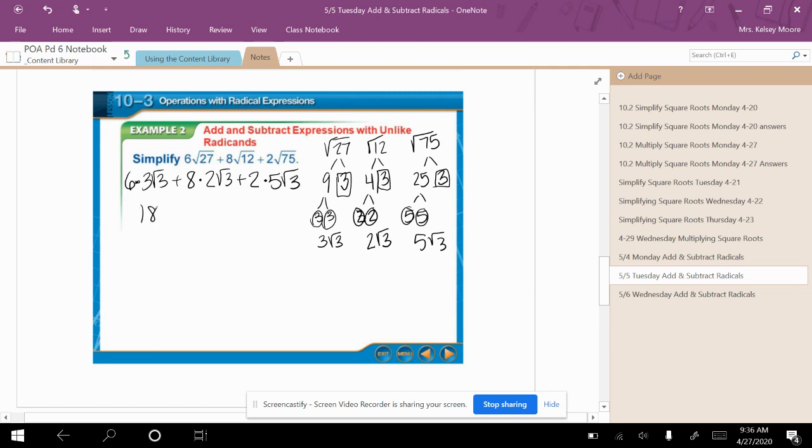And you get 18 square root of 3 plus 16 square root of 3 plus 10 square root of 3. Now the square root of 3's are all alike, so you can add those together. So 18 plus 16 plus 10 is 44 square root of 3.